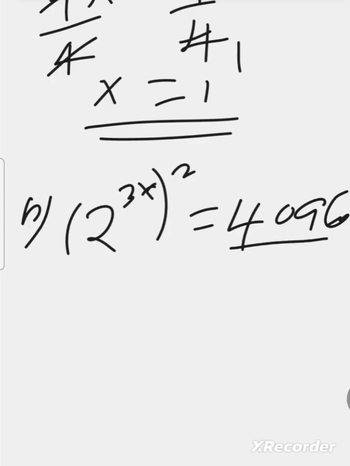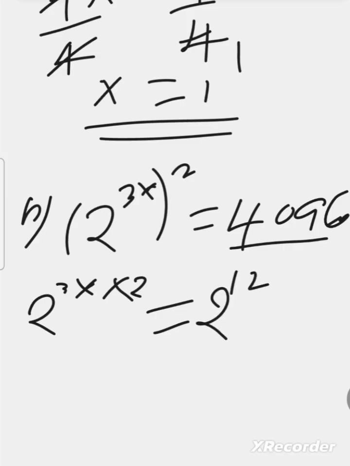Remember, we must change this to index form. So from the third law of indices, we multiply 3x by 2, and if you change 4096 in index form, it will be 2 power 12.